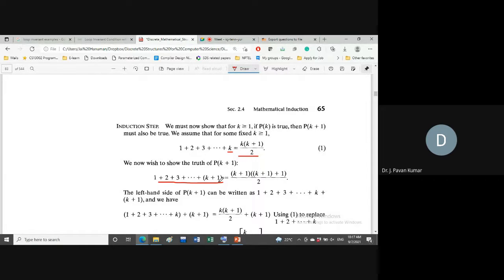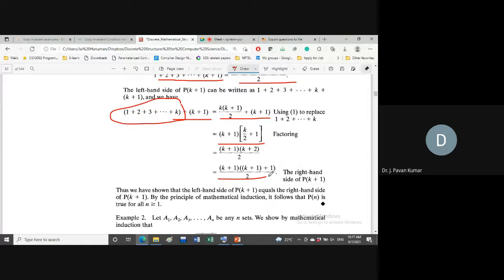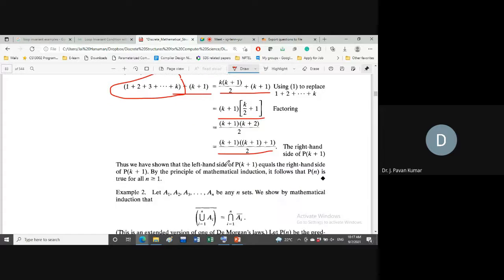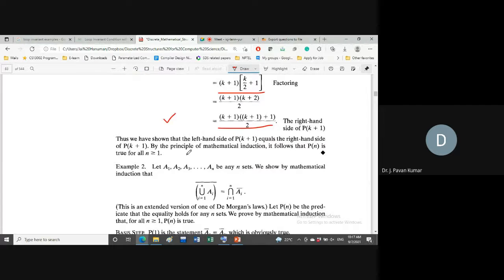So LHS will be 1 plus 2 plus 3 and so on up to k plus 1, which is nothing but, up to k, k into k plus 1 by 2, plus k plus 1. If you simplify, we will get k plus 1 into k plus 1 plus 1 by 2. It is of the form n into n plus 1 by 2. So we can claim that it is also true for f of k plus 1. Like this we could prove our theorem.